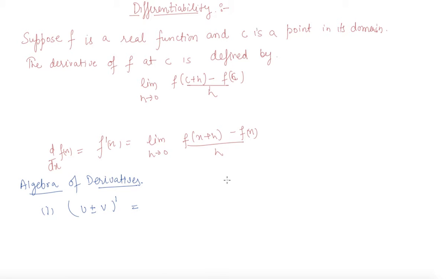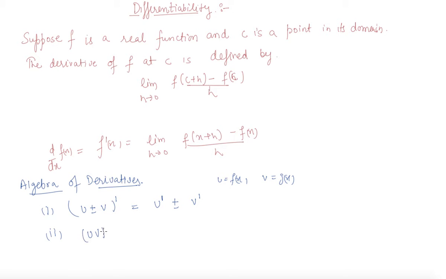Let's say u is f x and v is g x. Whether it is plus or minus, the derivative of the combined function is u derivative plus or minus v derivative.